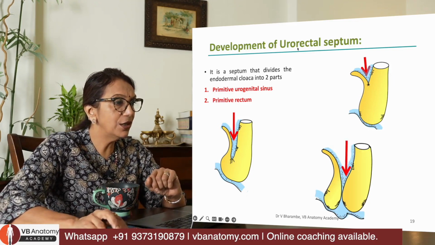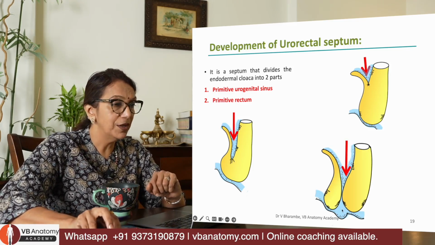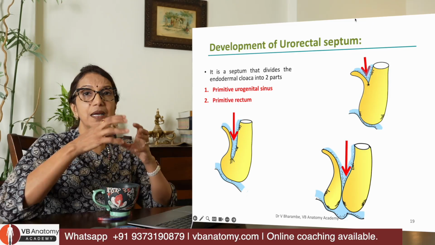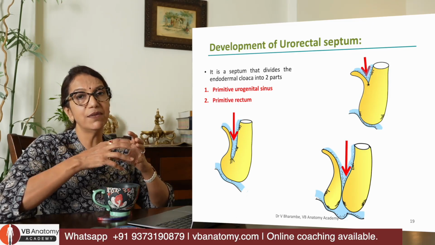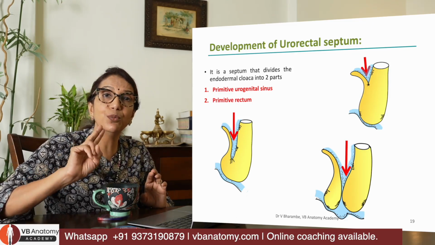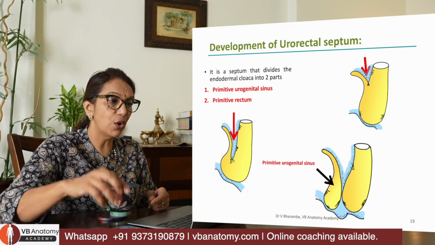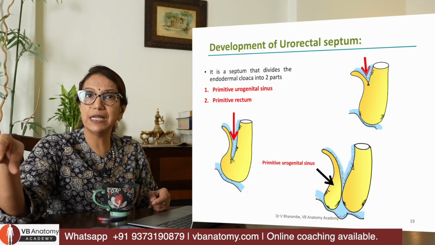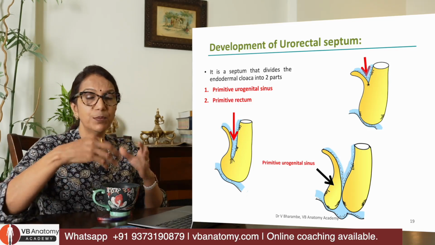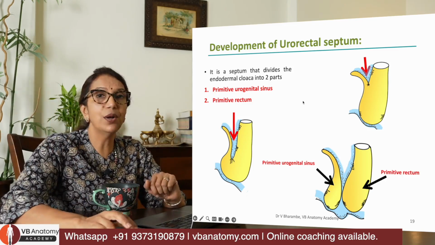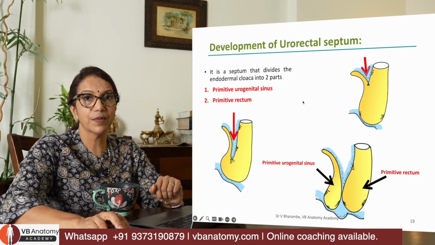Till finally the urorectal septum fuses with the cloacal membrane, and the endodermal cloaca has now got divided into two separate tubes. One tube is anterior, continuous with allantois, called as primitive urogenital sinus. One tube is posterior, continuous with the pre-allantoic hindgut, called as the primitive rectum.